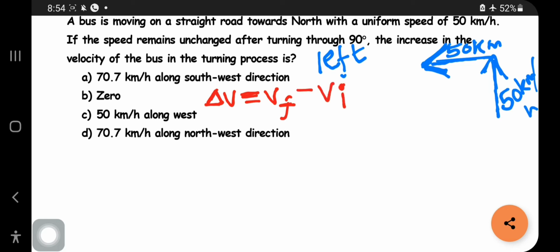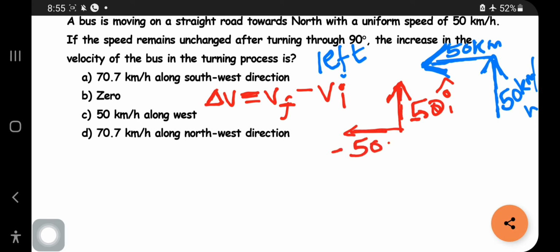So we take it as vector quantities: this one is 50 i cap in the positive direction, and this one is minus 50 j cap, according to the quadrants.